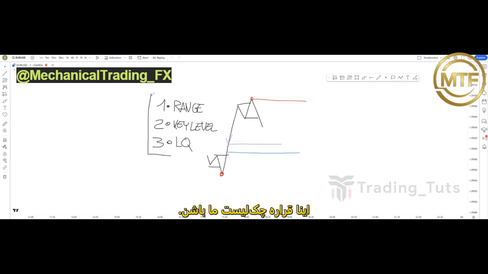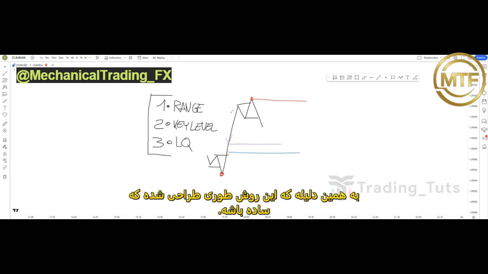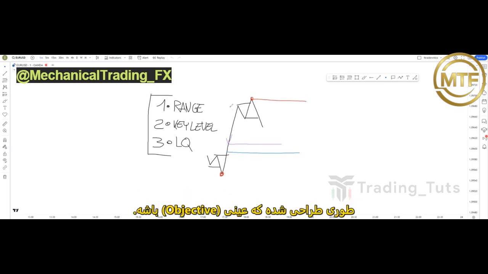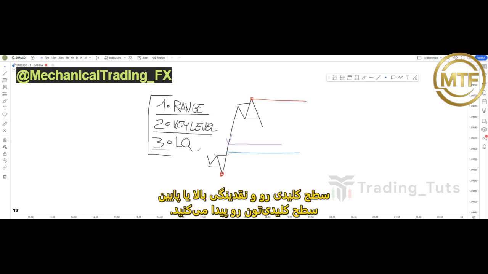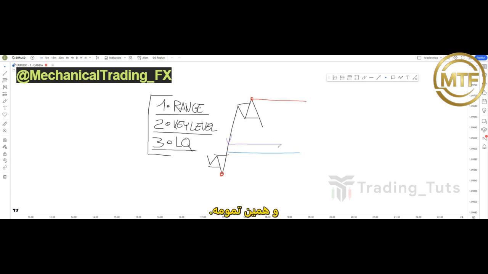These are going to be our checklist. This will be the way we approach every single range, right? That's why the approach is meant to be simple, objective, and systematic. You find your range, you find your high time frame key level, and you spot liquidity above or below your key level. And that will be just it.